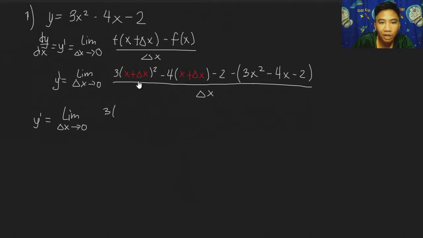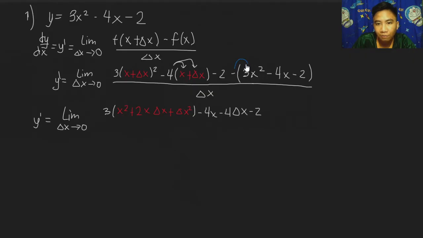Kapag in-expand natin siya, magiging x squared of the first term plus twice of the first and the second term plus square of the last term. And then ito, just multiply. So, negative 4x minus 4 delta x minus 2.